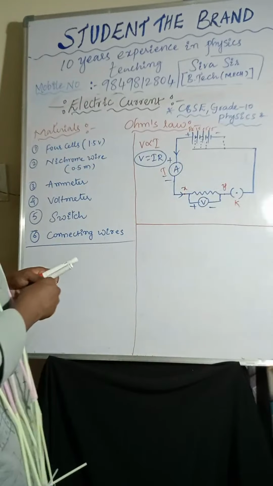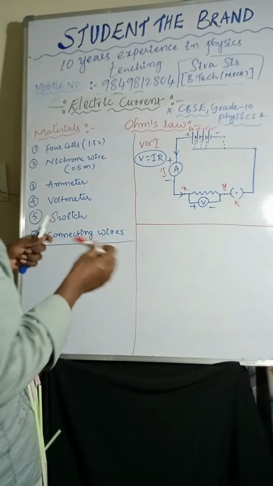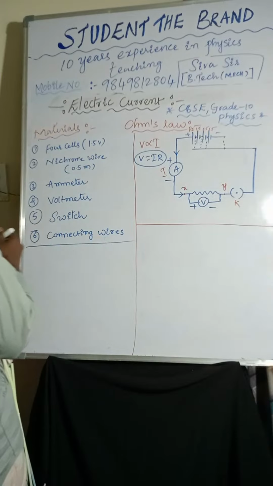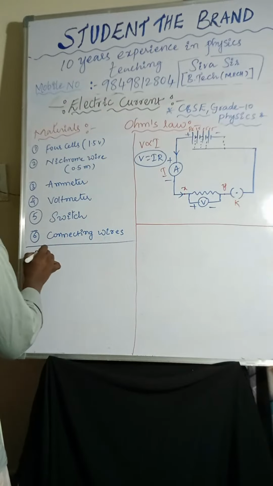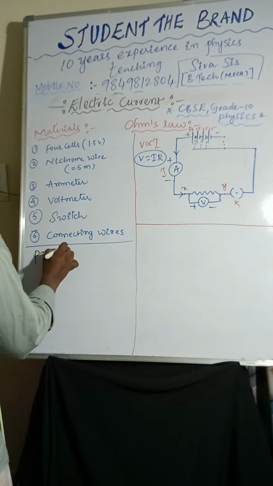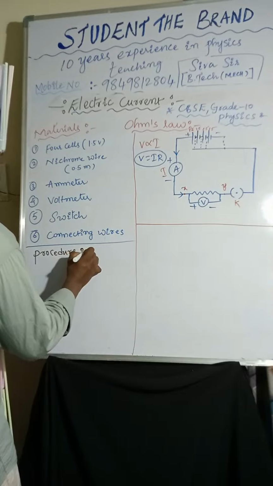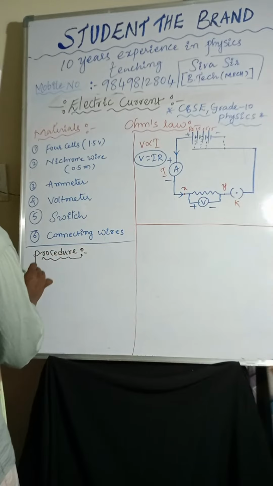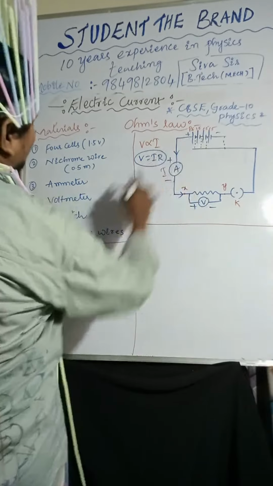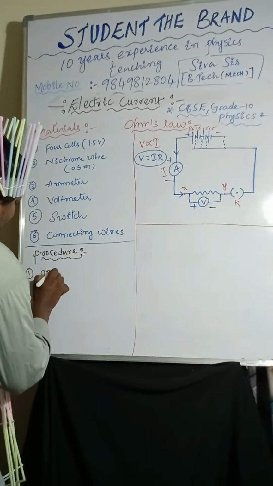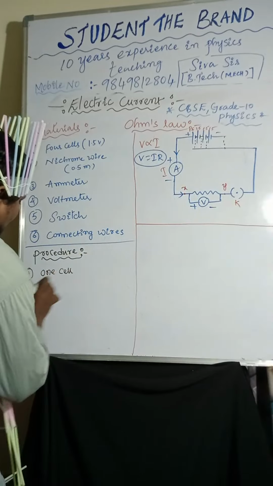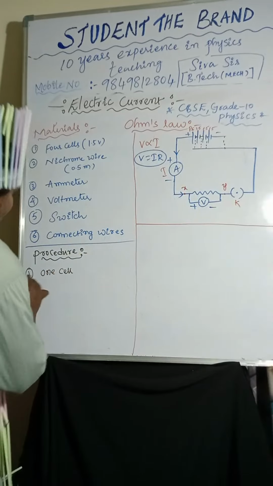Procedure to do the activity. First connect one cell and note down the reading of ammeter and voltmeter.